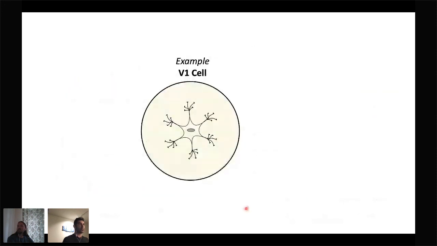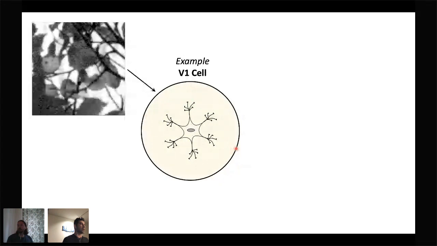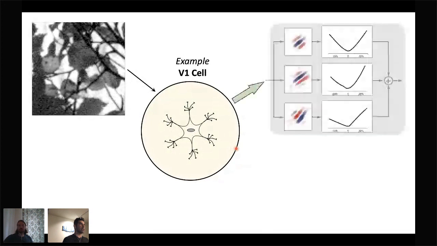Now I'm going to show you an example of a receptive field characterization of a V1 cell using natural scenes and white noise. This is a cartoon image of our example cell. When we presented natural scenes to this cell, its response was best described using a receptive field structure that had these three spatial filters.